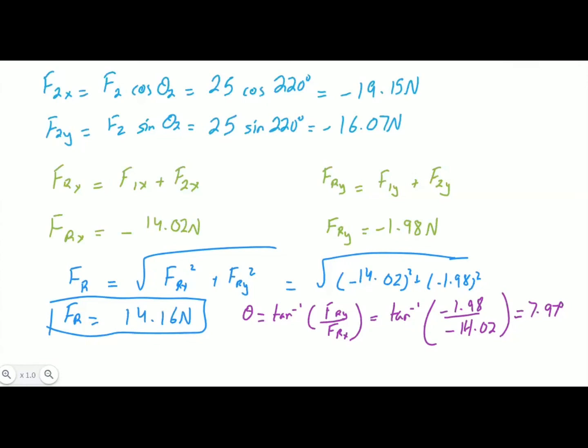But as you know, x and y values both are negative, therefore the resultant lies in the third quadrant, where the resultant angle theta R will be equal to 180 degree plus theta. So this will be equal to 187.97 degree. So this will be the direction of the resultant vector R.